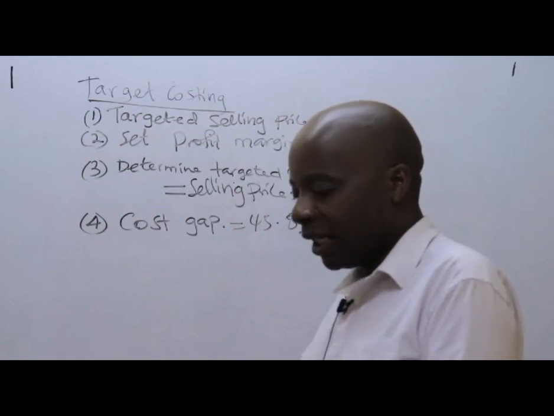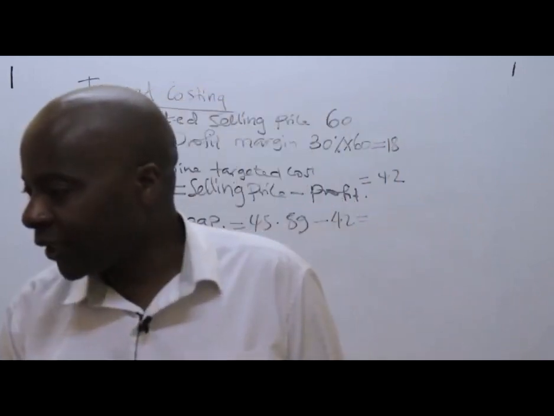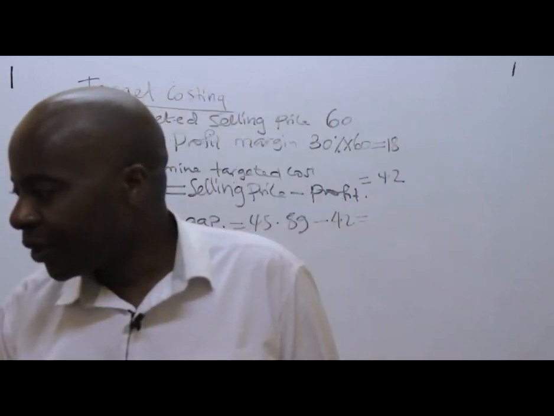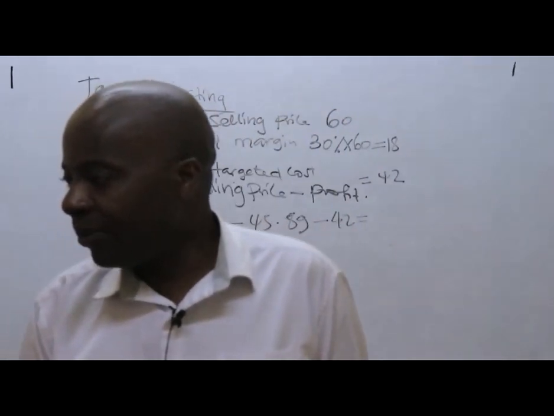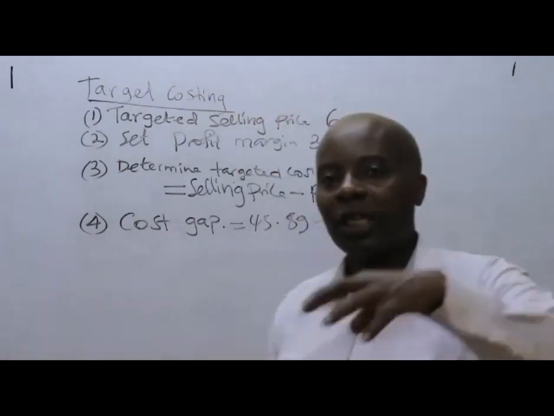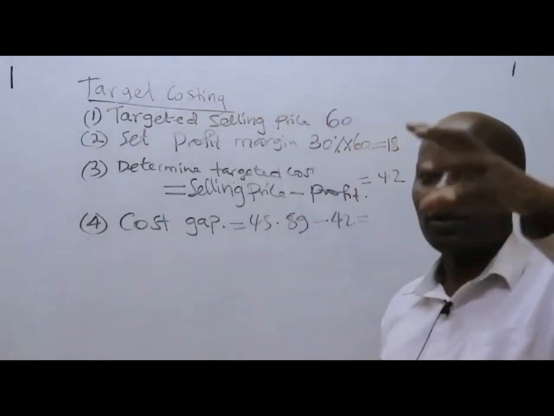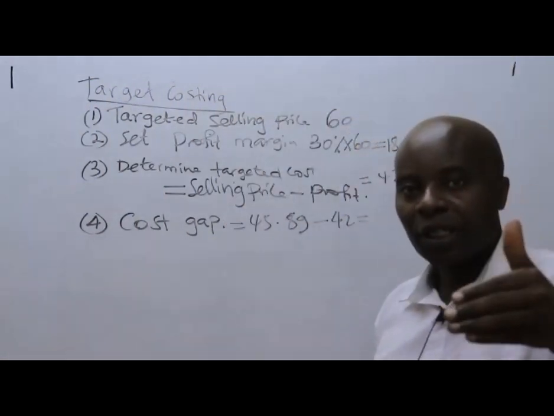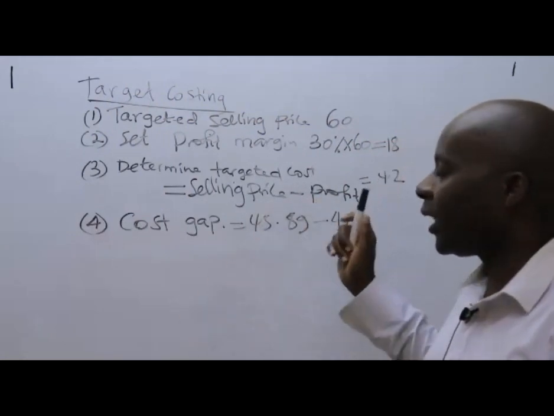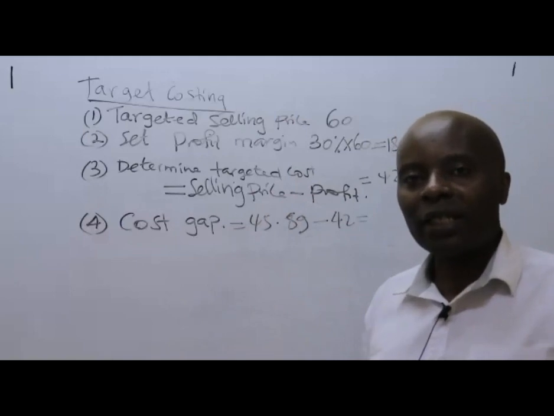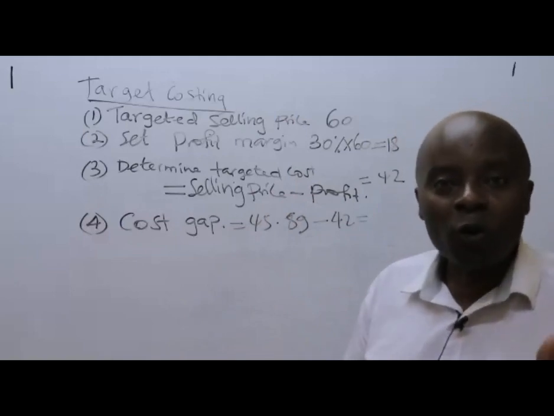So how do we get the gap? To get the cost gap, you take the manufacturing cost, all those costs associated with producing the product, minus the targeted cost. And then of course, you'll be able to get the cost gap.